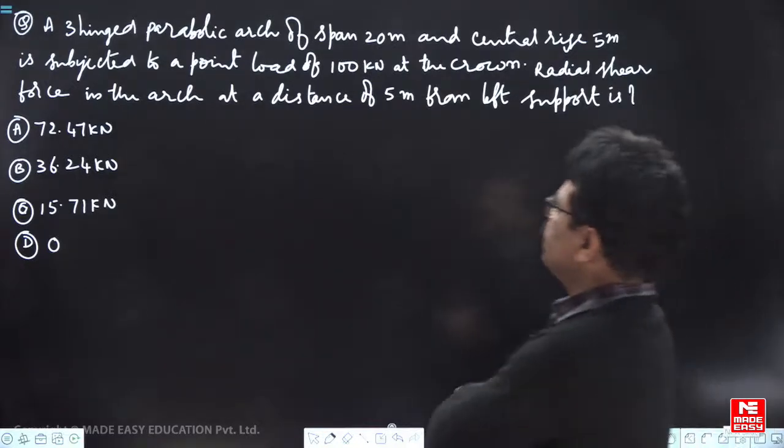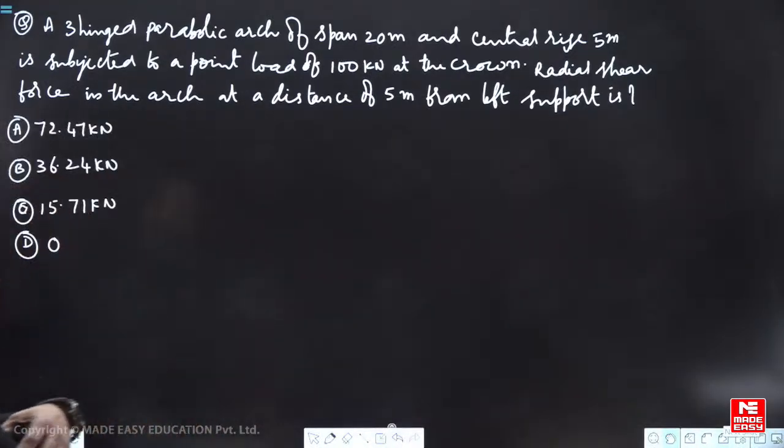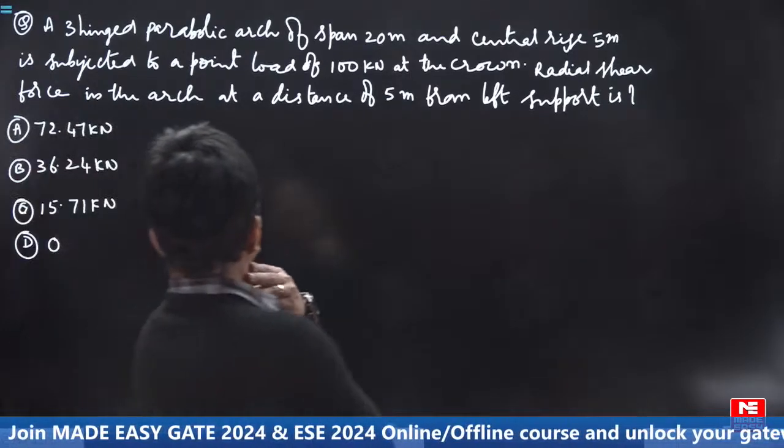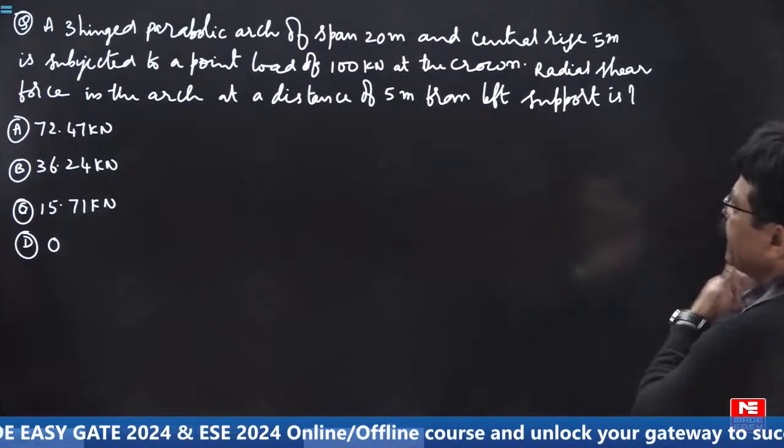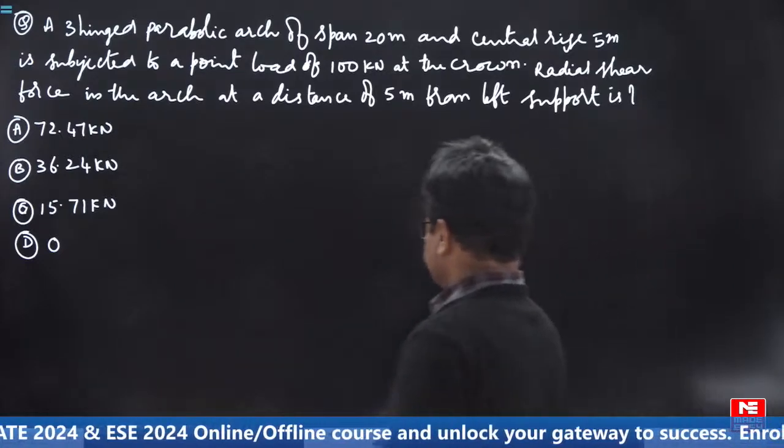A three-hinged parabolic arch of span 20 meters, central rise 5 meters, is subjected to a point load of 100 kN at crown.